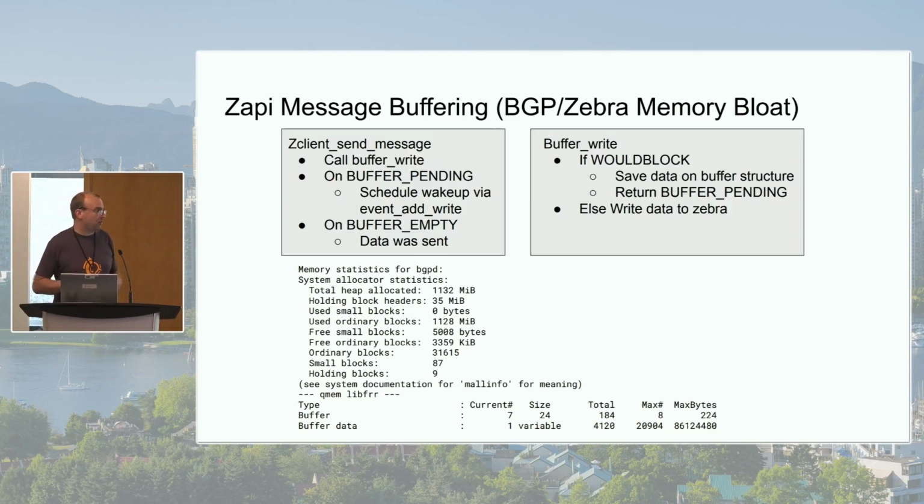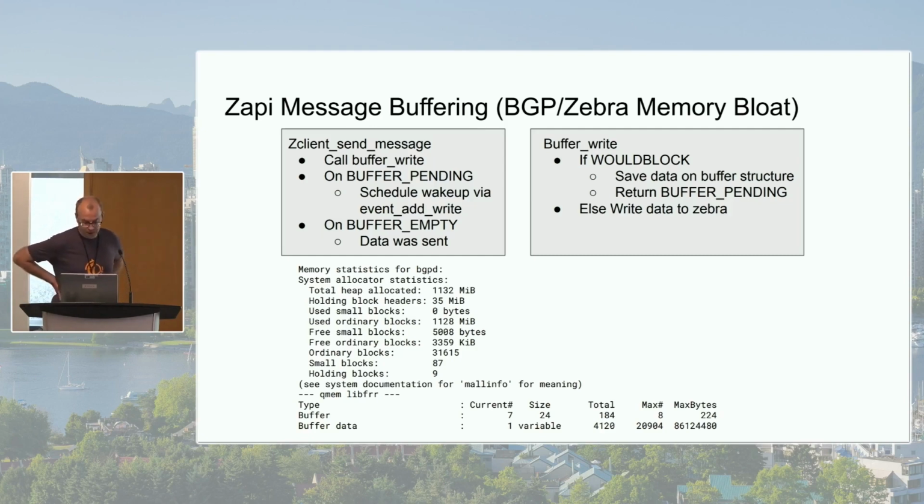And if it wouldn't block, we just write it to Zebra and continue on. In the zclient send message, when we get a buffer pending, we just schedule a wake up via the event add write mechanism to write when we can write to the file descriptor. So it allows us to save the data to the side instead of sending it down.